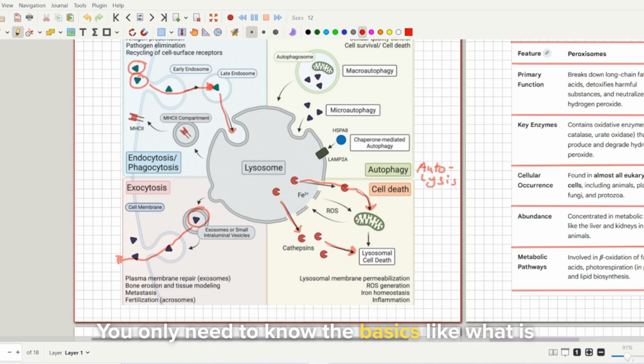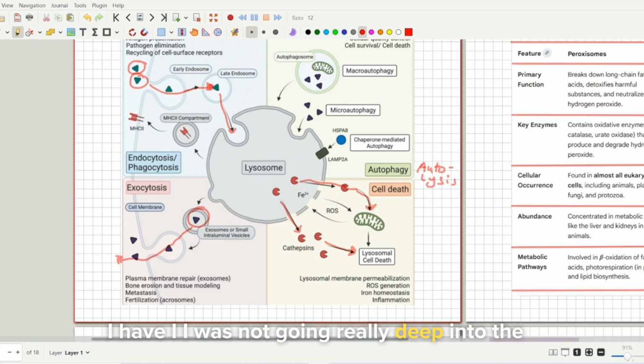So you don't have to go into really deep depth of these functions. You only need to know the basics, like what is phagocytosis, what is autophagy, what is autolysis, what is programmed cell death, what is exocytosis. These are really important. Programmed cell death is actually autolysis. So these are the major 4 functions of lysosome.